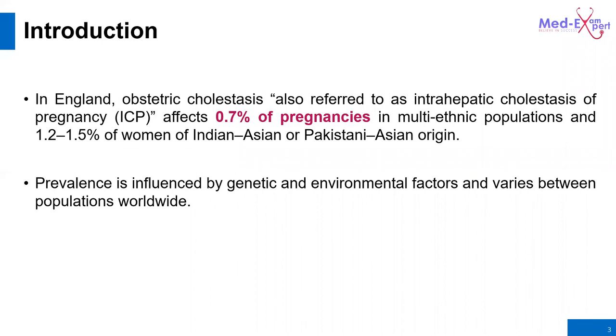The most commonly affected populations are those of Indian, Asian, or Pakistani Asian origins, and also it affects some populations in the South American countries. The prevalence is also influenced by genetic and environmental factors and varies between the populations worldwide. So we can't say that there is a fixed incidence for this condition. It varies among the different populations.